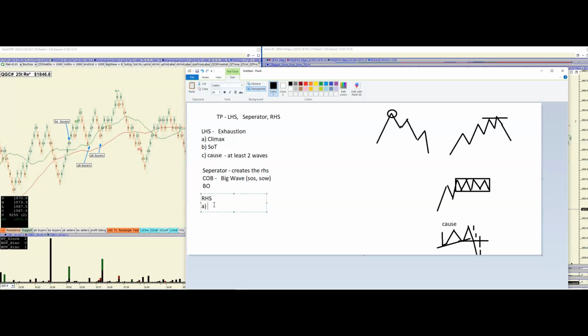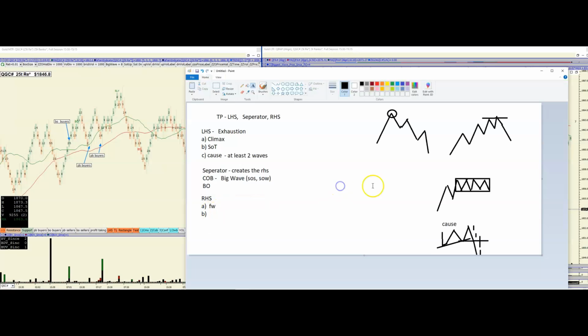What are the key behaviors on the right hand side? You know about LPS, LPSY. David Weiss used to call it the feather's weight. Now I'm going to explain this concept and you'll see how clear it is.